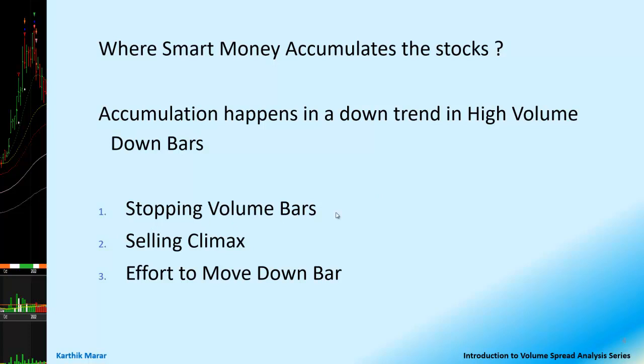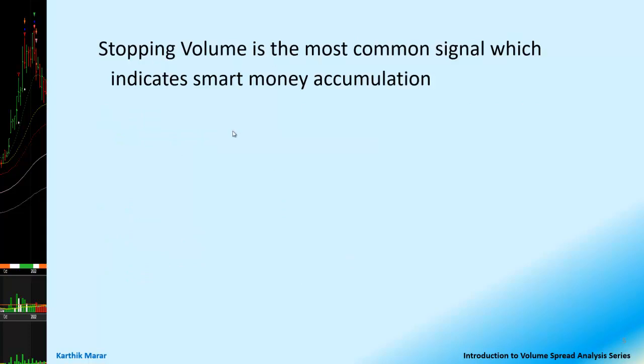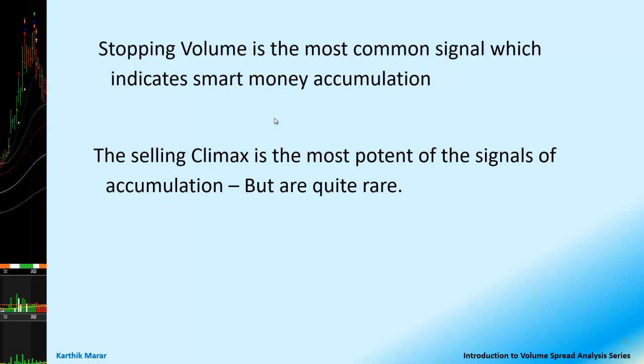One is the stopping volume bar, the other is the selling climax bar. The stopping volume is the most common signal which indicates smart money accumulation. The selling climax is the most potent or the strongest of the signals showing the accumulation, but these are quite rare.